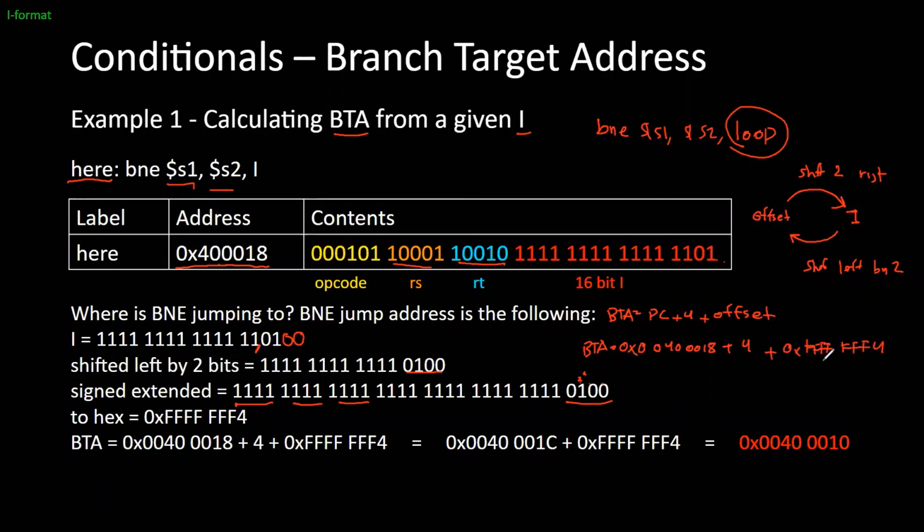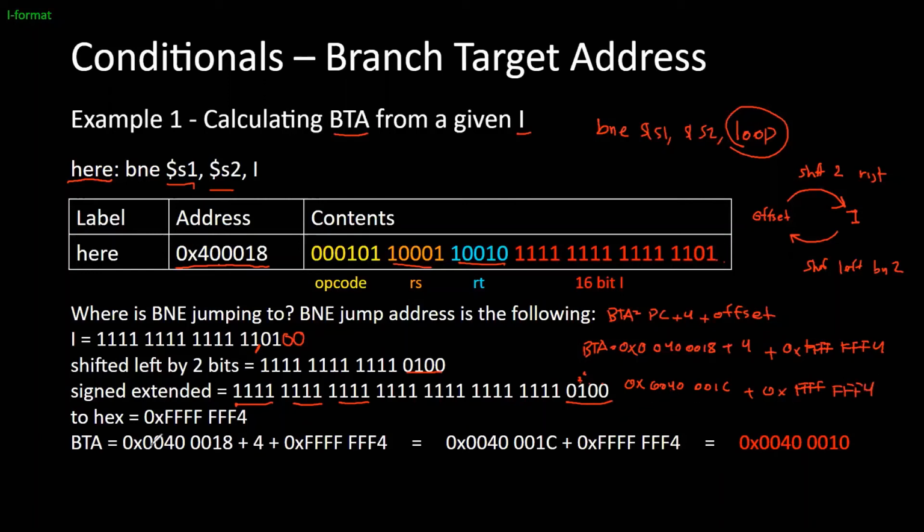That is what I have in my formula. Then the next step is to add these. So I'm going to get 0x 4 plus this is going to be 12 or C. So 0040001C plus that number, FFFFFFF4.